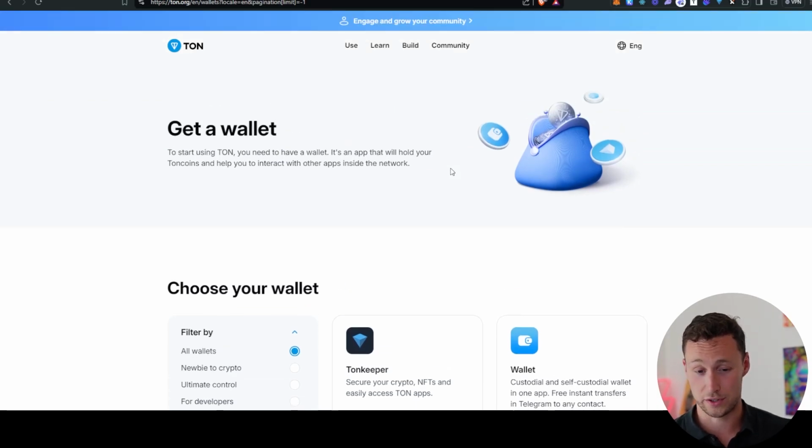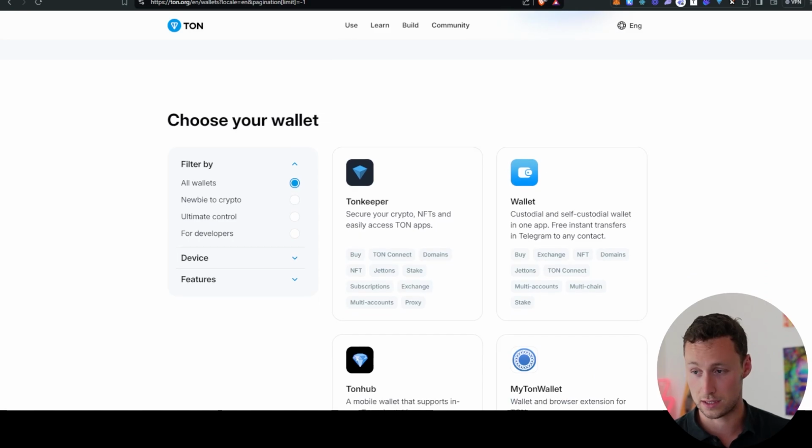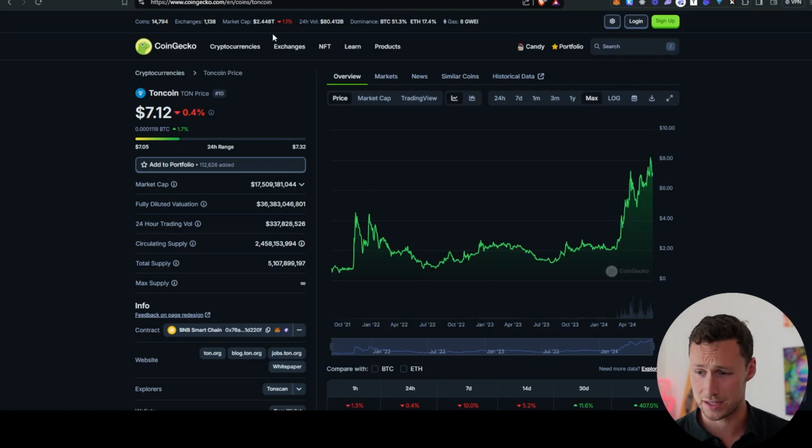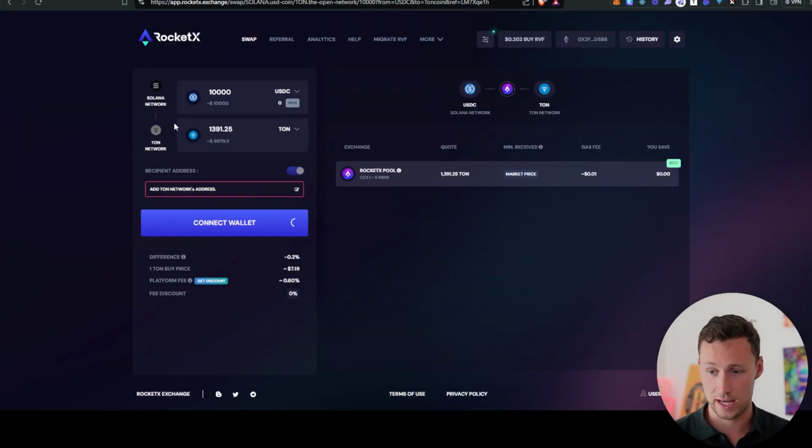Once you have a Ton wallet, you're going to need to get some Ton tokens in it. To pay for gas on the network, you need Ton tokens. And unfortunately, there's also not a ton of options for that. If you go to the markets on CoinGecko, you can see that Gate.io, OKX, others do have it. However, what I ultimately found was the easiest way to get it was to use RocketX.